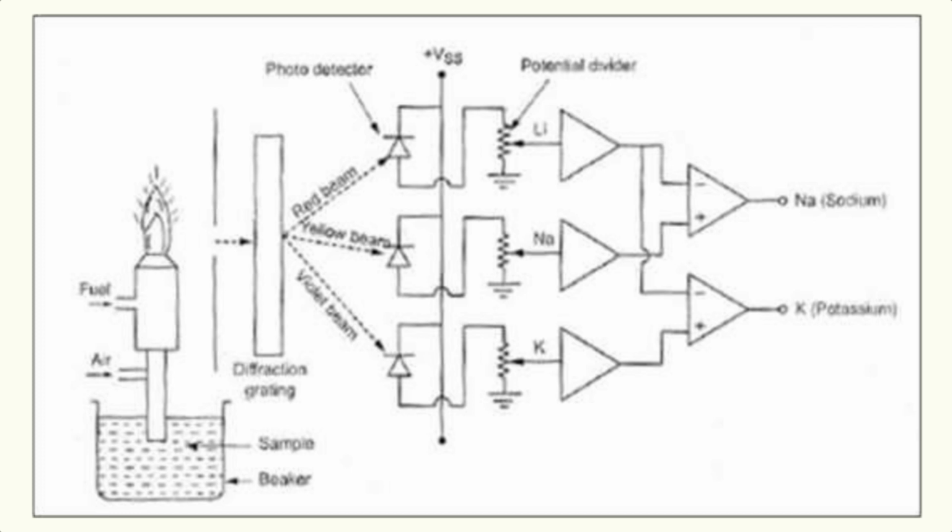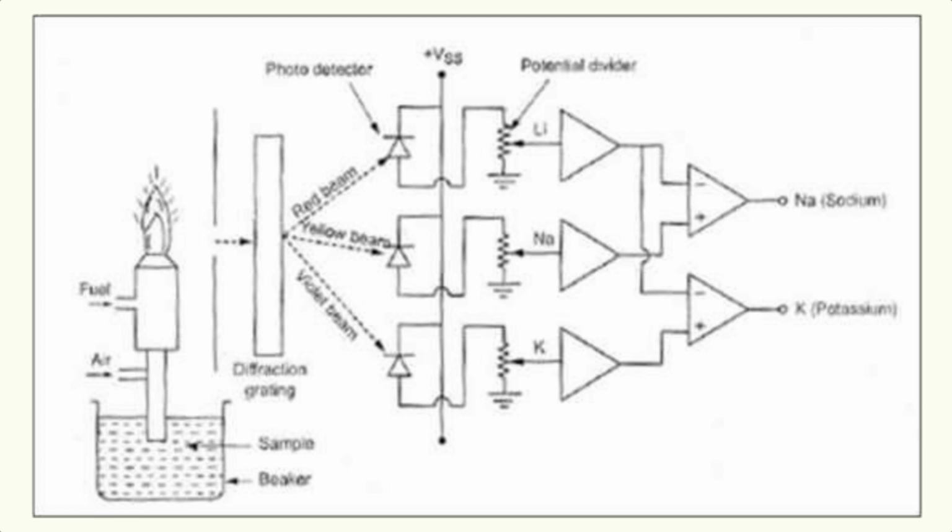All the lithium, sodium and potassium light is picked up by the photodetector, where we have diodes in the form of a photodetector. The light beams are absorbed by this photodetector, followed by a potential divider, which passes out only the sodium and potassium signals at the output of the sodium potassium analyzer.